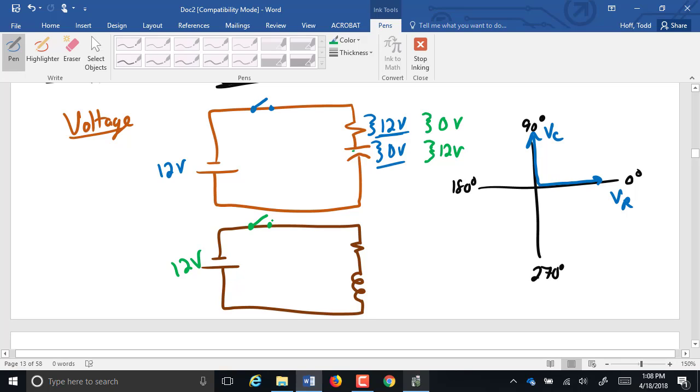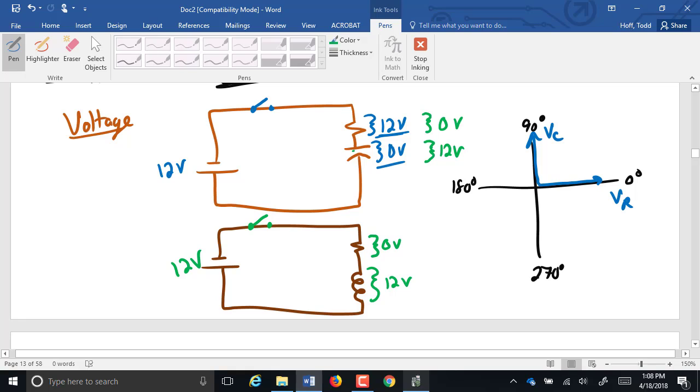So when we first close that switch, how much current is flowing? Next to nothing, because that inductor is resisting the flow of current. So if there's no current flowing, how much voltage is across the resistor? 0, right? All 12 volts is across the inductor.